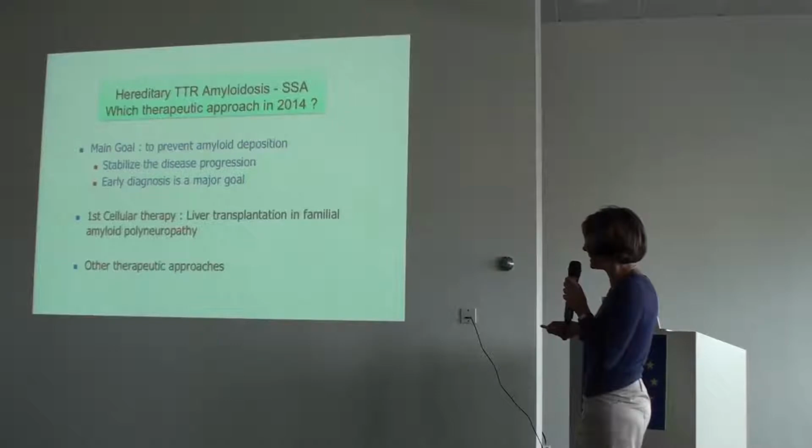The first cellular therapy that was used was liver transplantation in familial amyloid polyneuropathy.